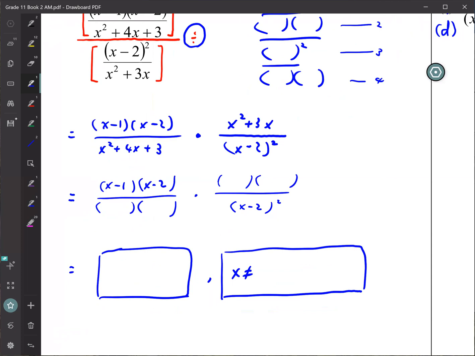Plus 1 one more time. 3. X plus 1. X plus 1, x plus 3. X plus 3, okay.